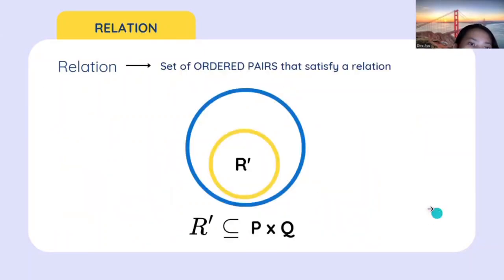Next, let's say this entire circle represents the set of elements in the Cartesian product P cross Q. In this case, set R dash will be a part of it. We can say that set R dash is a subset of the Cartesian product P cross Q. That is the basic concept of a relation. A relation gives us a set of ordered pairs that satisfy a relationship.